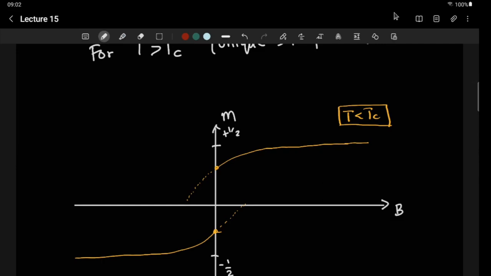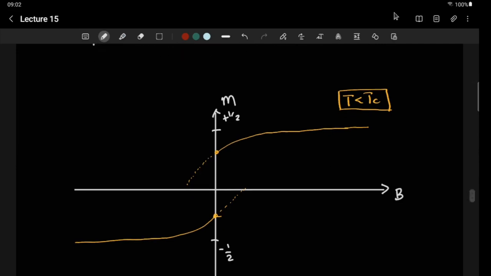I drew this picture towards the end of last lecture. The point is that for T less than Tc, we know that even when there is no magnetic field, there will be magnetization, and there are two possibilities, the ones which are marked here.